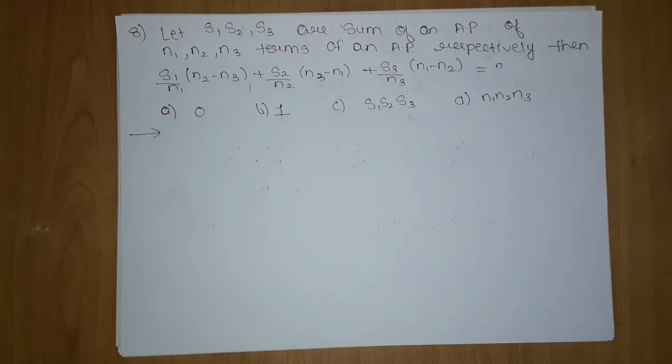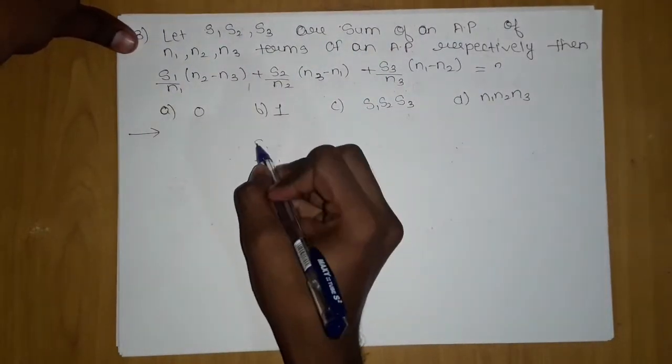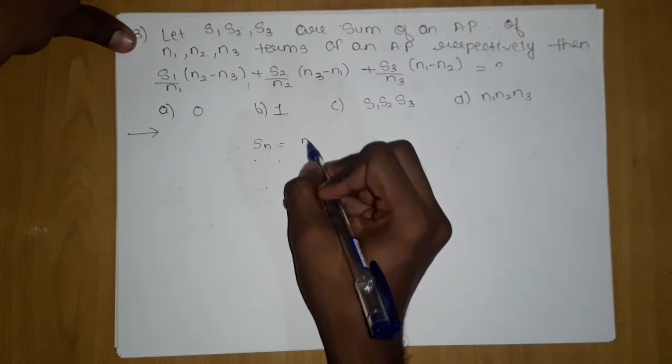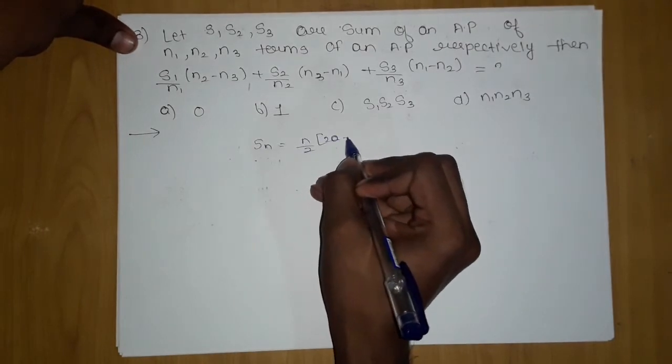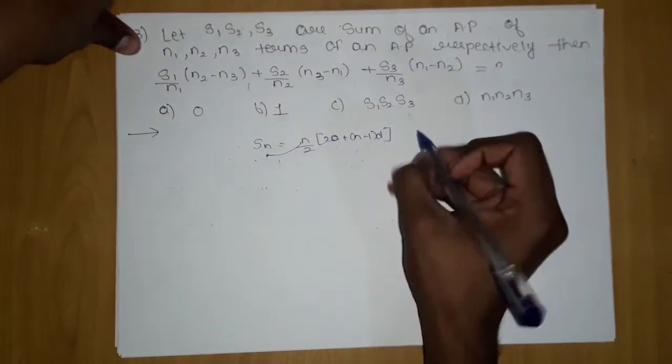Now, S1 upon N1, you have seen this thing. If you recall, Sn is n by 2 bracket 2a plus bracket n minus 1 into d, right? If I take this n down, what do I get?